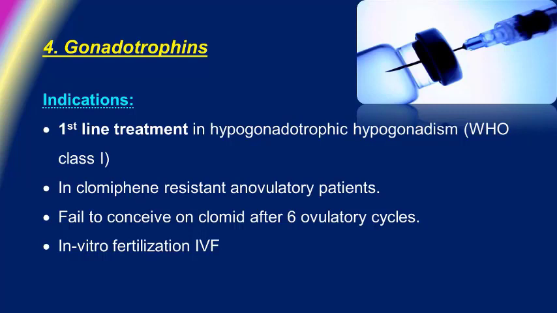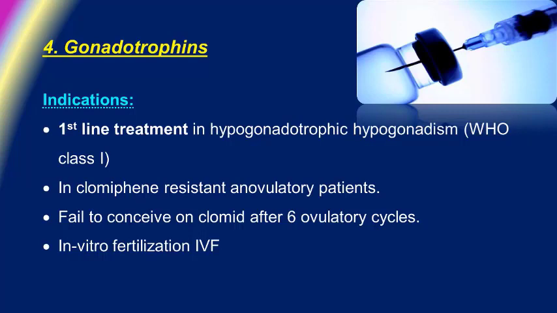Second indication is Clomiphene citrate resistant patients. The 30% of Clomid treatments who are Clomid resistant, second line for them is gonadotrophin. Third indication, fail to conceive on Clomid after 6 ovulatory cycles.